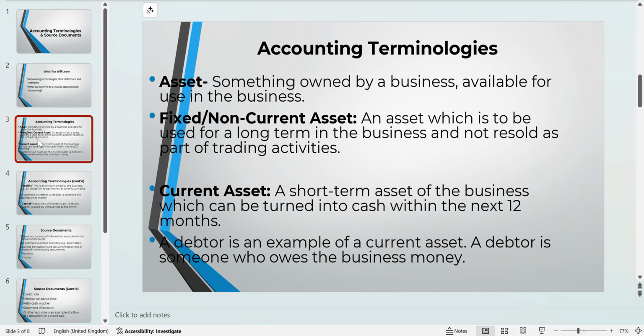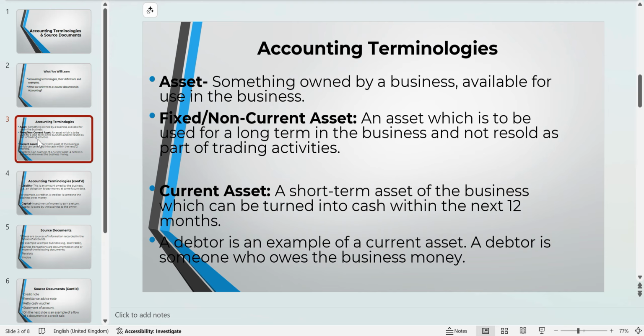The fixed or non-current assets are assets to be used for a long term in the business and not resold as part of trading activities. For example, machinery, fixtures and fittings, buildings, premises. Those are examples you can find under non-current assets, like computers as well, desks, tables.